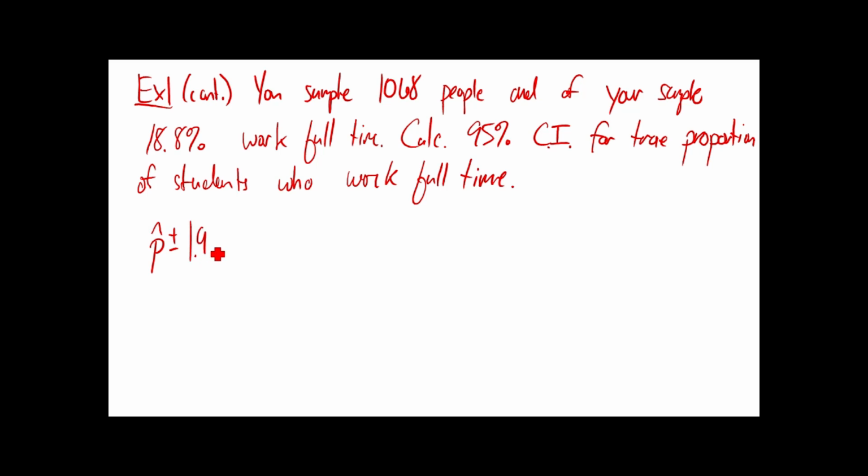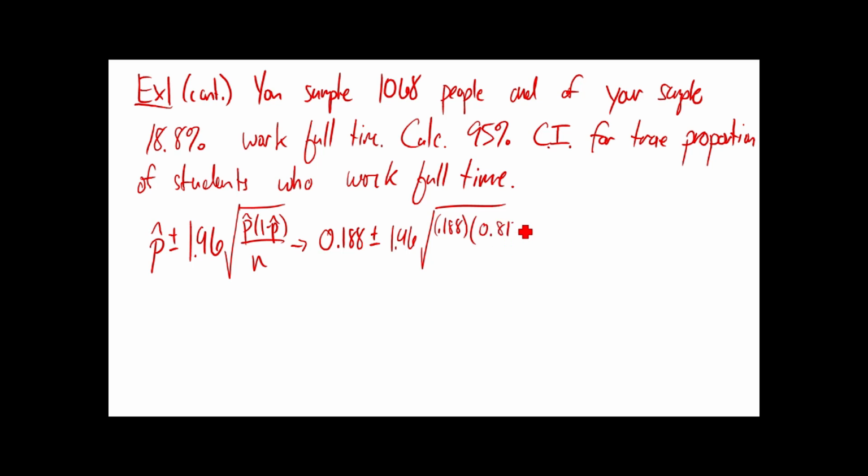In this case, it's 95% confidence. So that's just going to be 0.188 plus or minus 1.96 times the square root of 0.188 times, 1 minus that, which is 0.812, all over 1068.